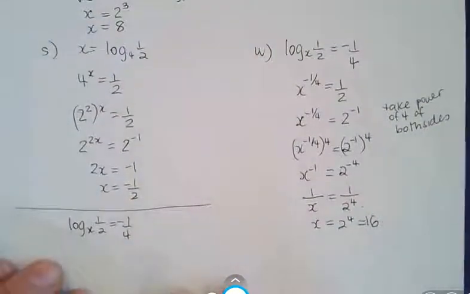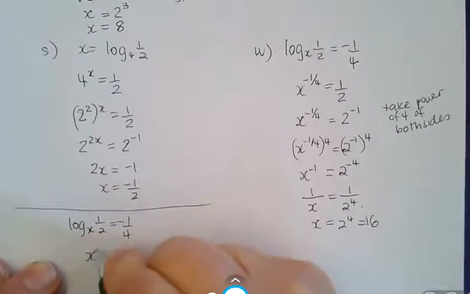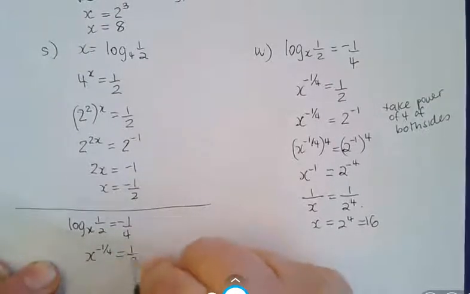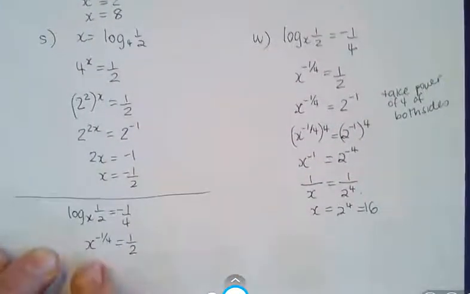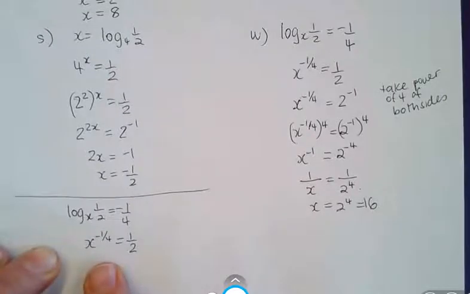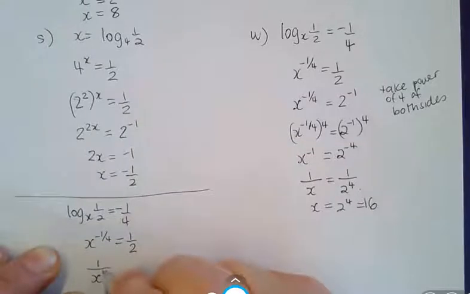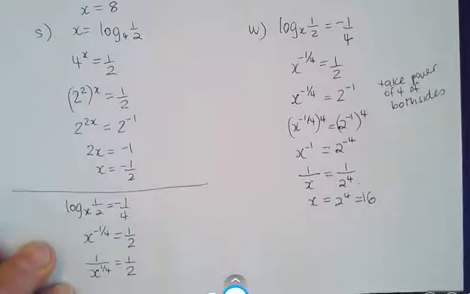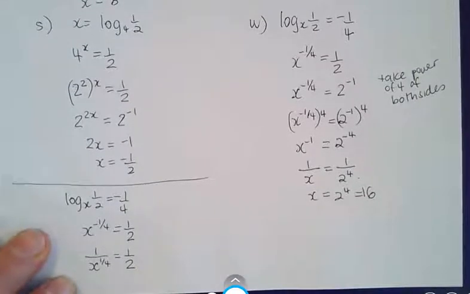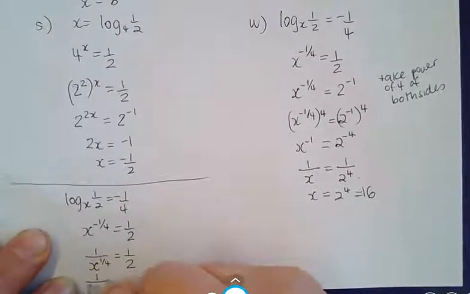Let's go. This means that x to the power of negative a quarter is a half. So I'm going to change how this looks now. Isn't that 1 over x to the quarter is a half? What does power of a quarter mean? 1 over the 4th root of x is a half.